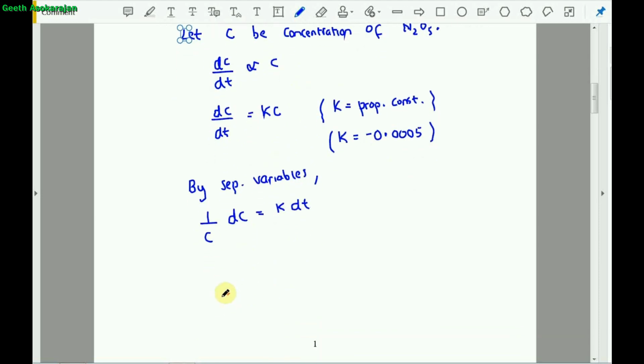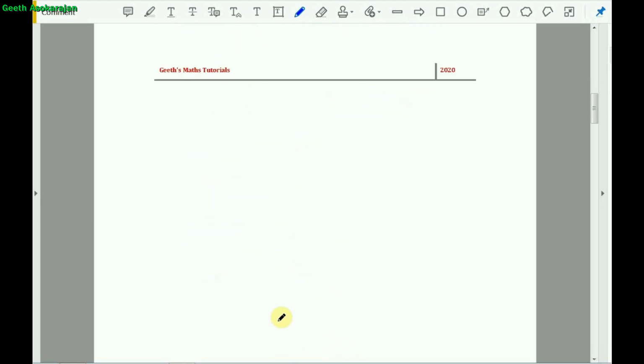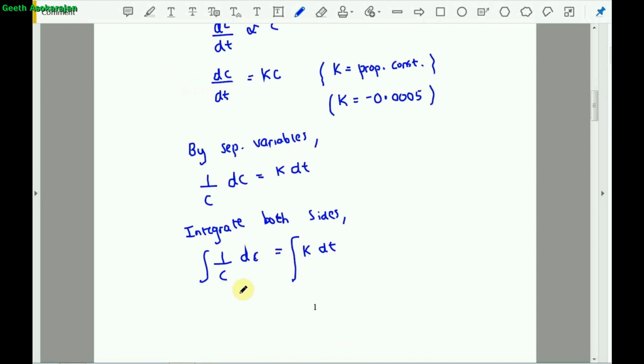After separating the variables, let's integrate both sides. Let's integrate the left hand side, 1 over capital C dC, and the right hand side, k dt.